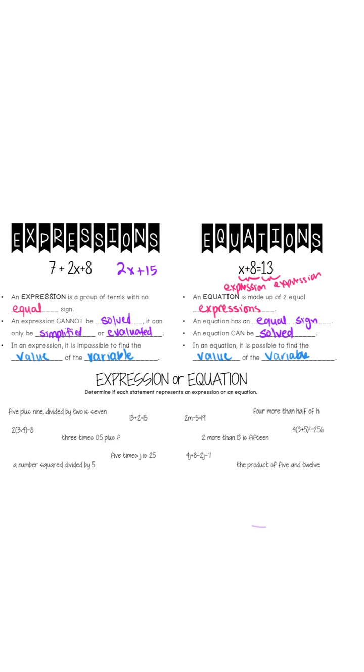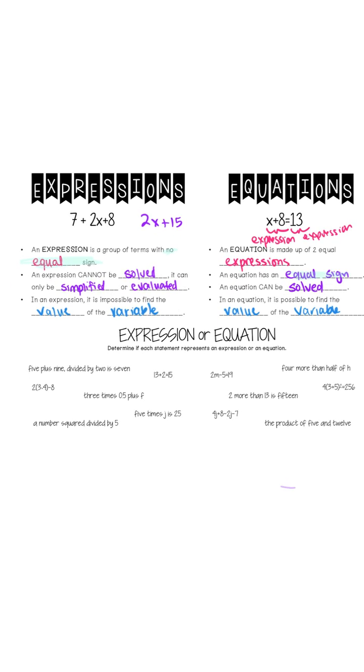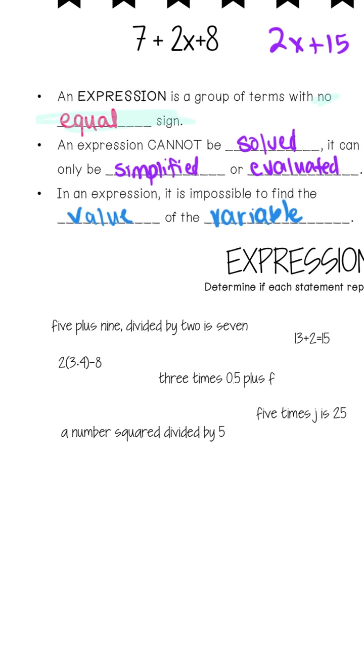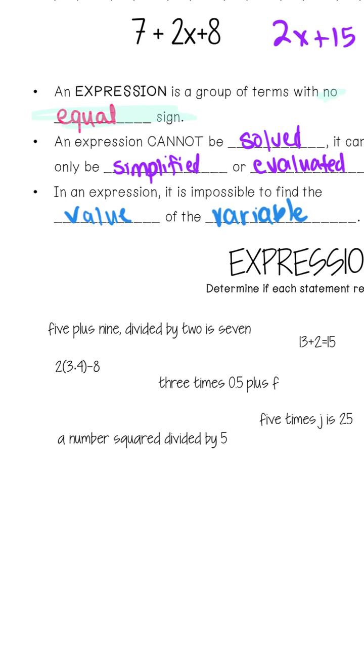Looking at this, the biggest difference between these: an expression has no equal sign, while an equation has an equal sign. An expression can't be solved, it can only be simplified or evaluated, and an equation can be solved. So we're going to look at these and decide: is it an expression or is it an equation? Let's look at this first one. 5 plus 9 divided by 2 is 7.